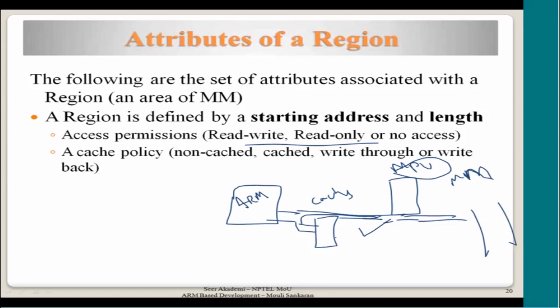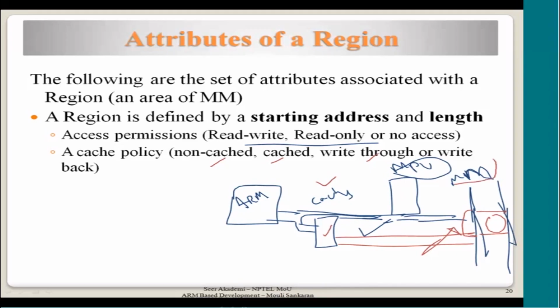In that case, what happens? We need to have some features, attributes which are related to cache. Why? We are talking about memory attributes. So we can associate with some part of the memory, a region, whether it can be cached, or whether it uses a write through policy or write back policy. Different properties can be there for a particular region of memory if the system supports cache also.